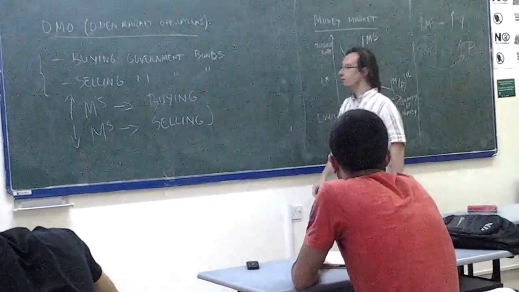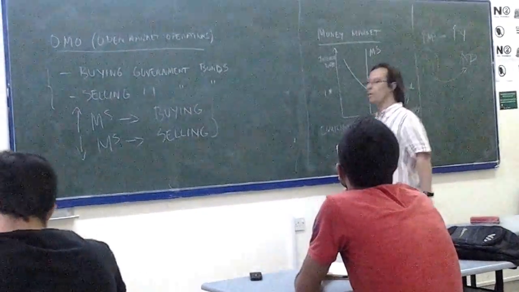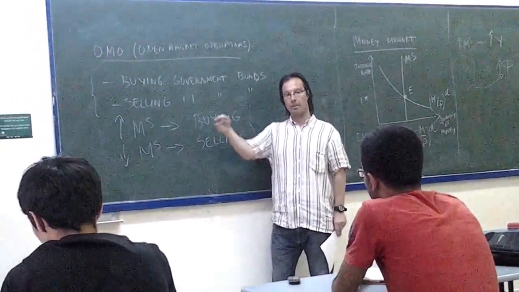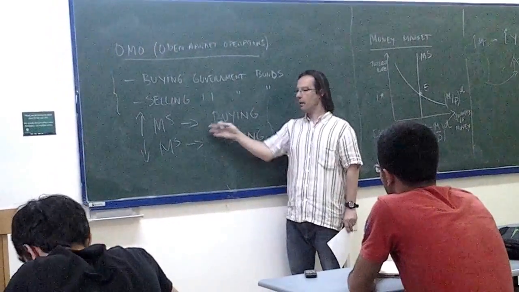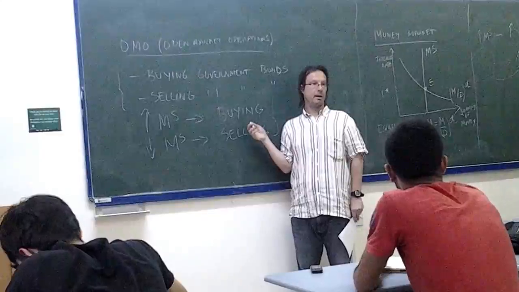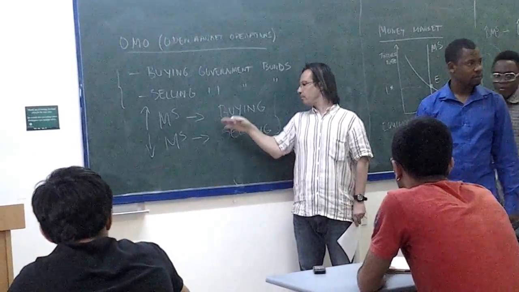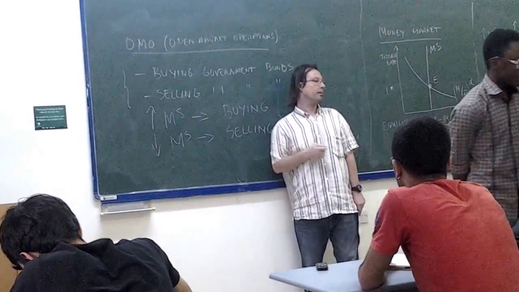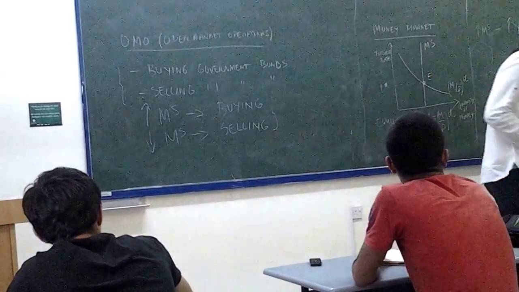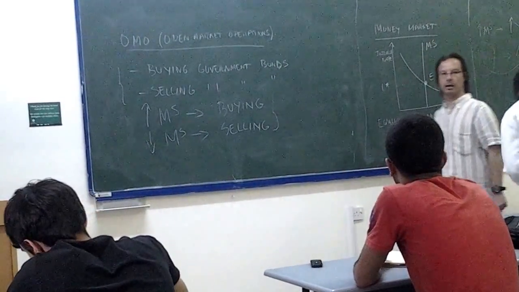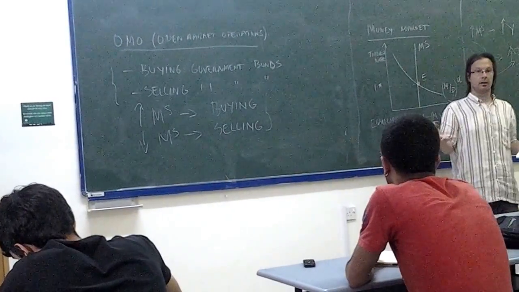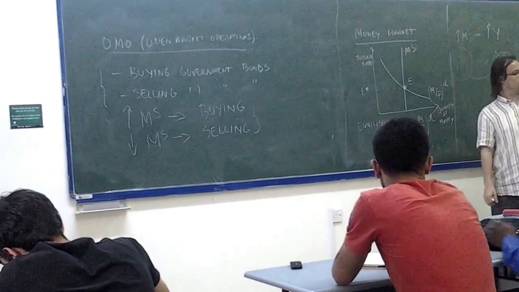Good. So if we are here, what happens to the interest rate if the central bank buys government bonds from the public? What happens to the money supply? Money supply will increase. Will the money supply shift to the left or to the right?